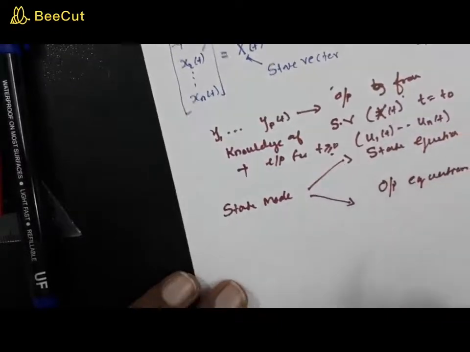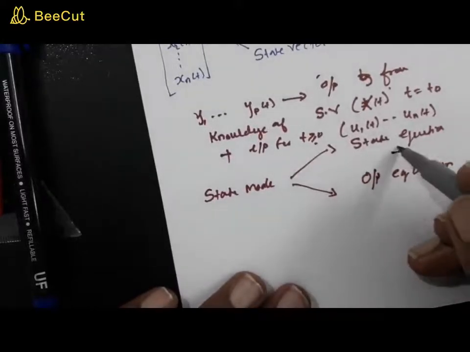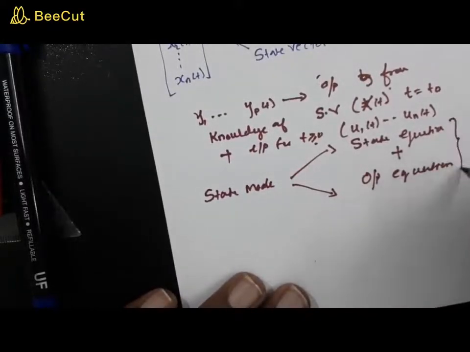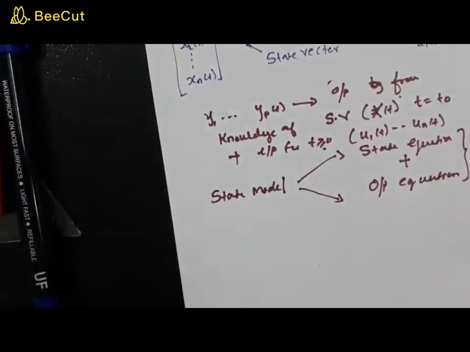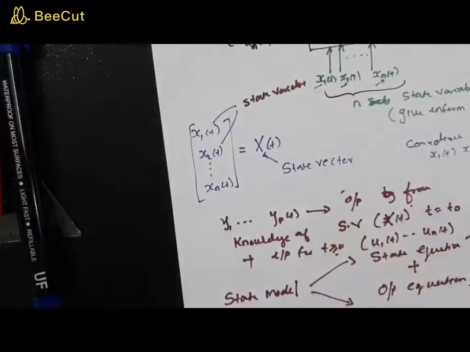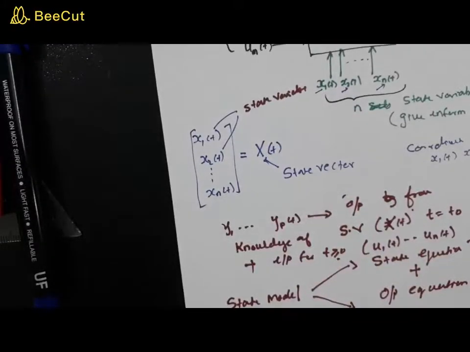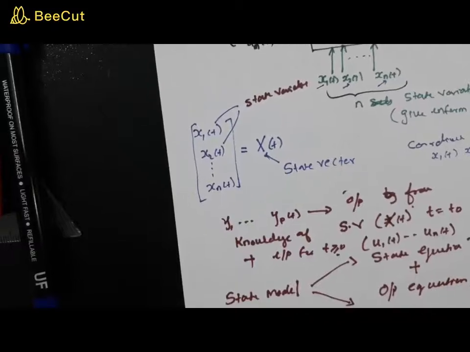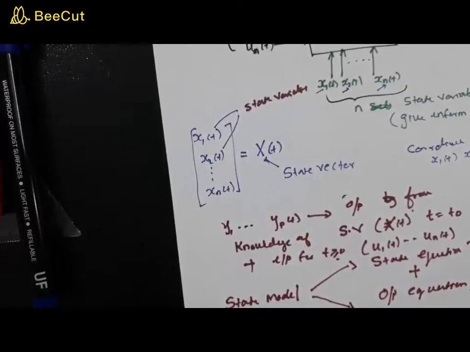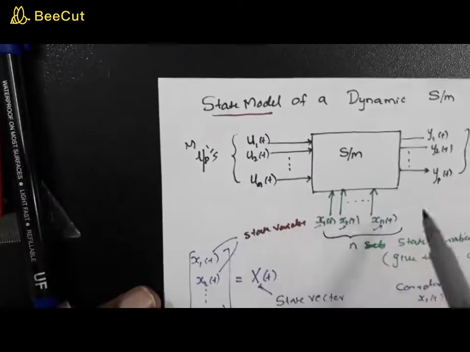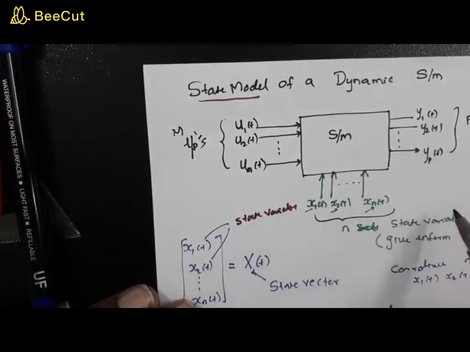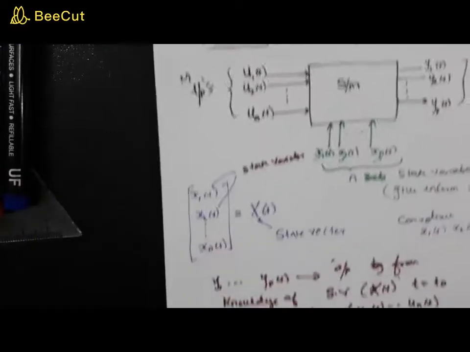In other words, the state equation and the output equation combine to give a model called the state model. So when you have a dynamic system like this, our objective is to get the state equation and the output equation from the knowledge of the inputs given, as well as the state variables present in that system.